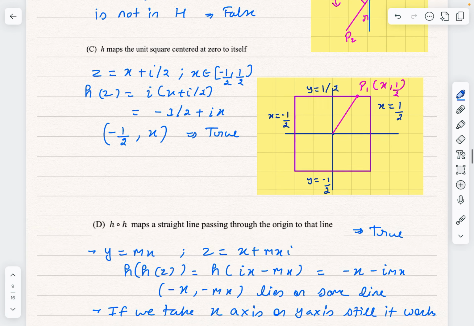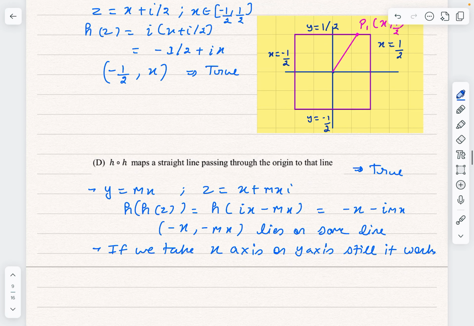Next, D option. You say h of h. So the composite function h of h maps a straight line passing through origin to that line only. See, a straight line passing through origin will be y equal to mx. So z, if you take, here will become x plus iota y, y will be mx.